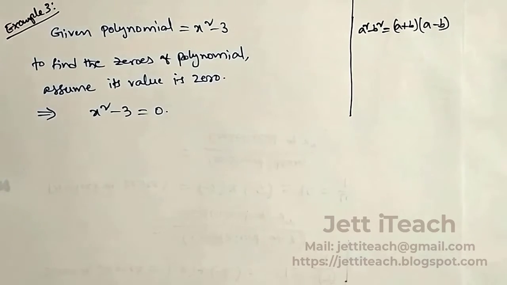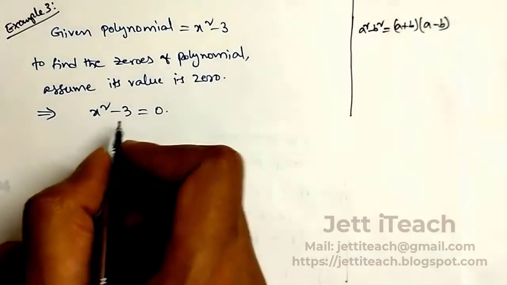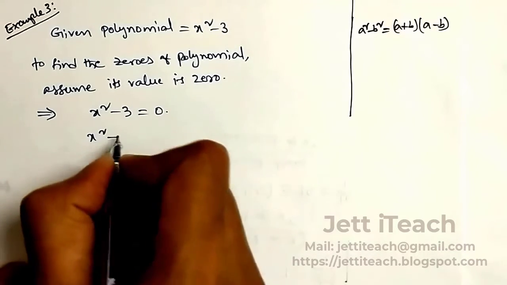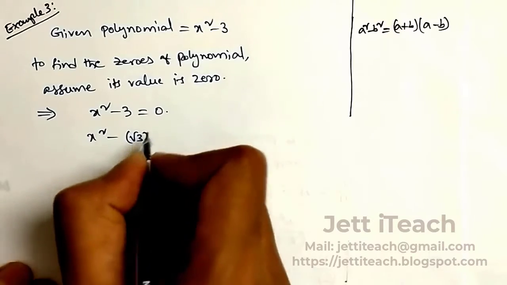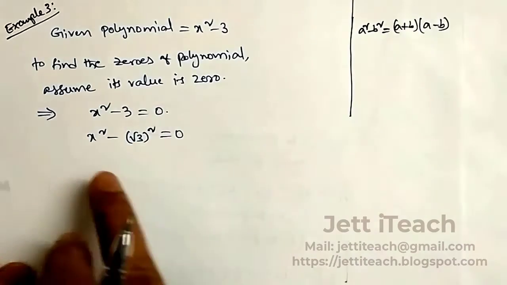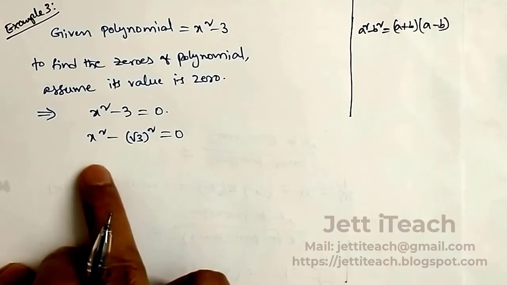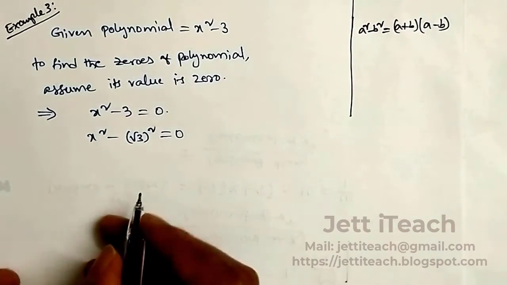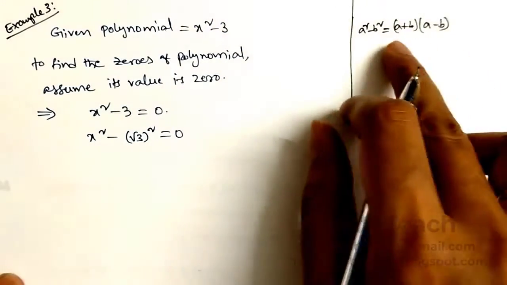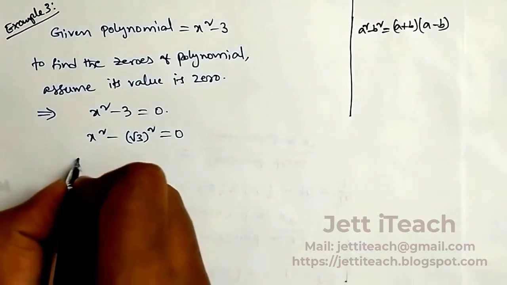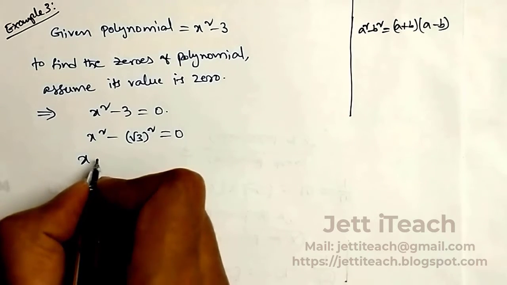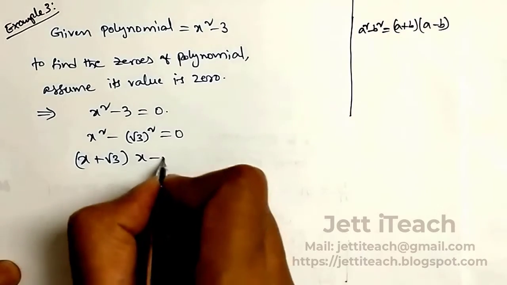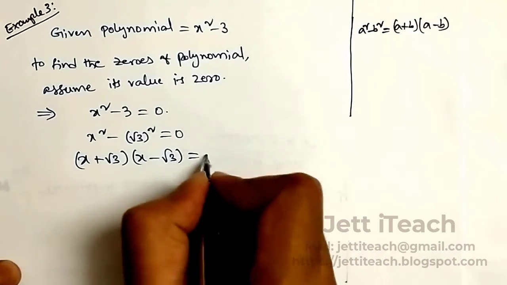Now you can write this as x square minus root 3 whole square equal to 0. Similarly, it is in the form of a square minus b square. So you can write this as a plus b, a minus b form. So x plus root 3 into x minus root 3 equal to 0.